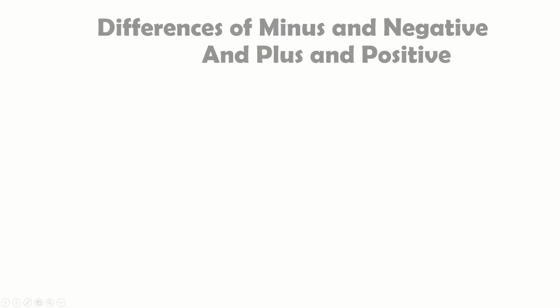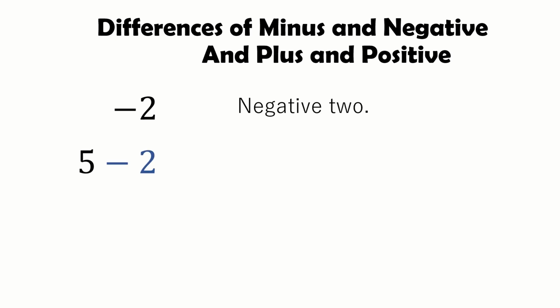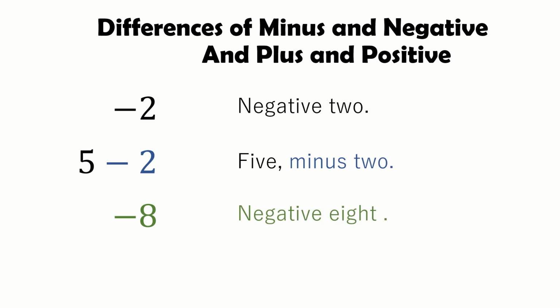All right, so the difference of minus and negative, and plus and positive. So let's see, how do you say this? This is known as -2. How do you say this? This is known as 5 minus 2. So how do you say this? This is known as -8. And how do you say this? 6 minus 8.